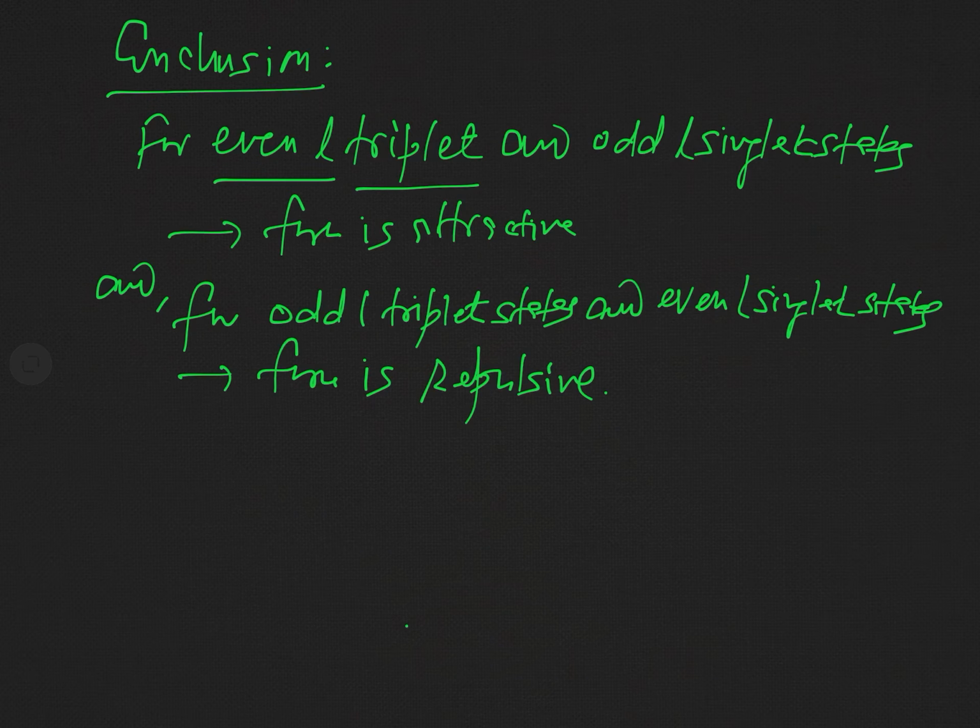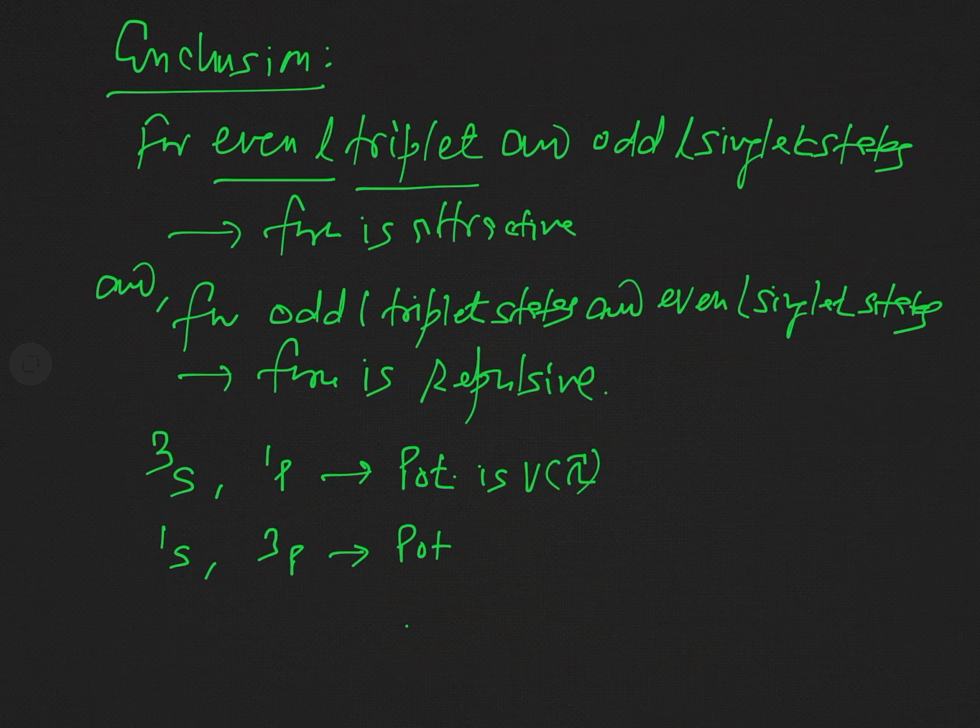Force is repulsive. So we can see that if we consider the 3S state and 1P state, for these states the potential will be positive, that is, the potential is simply V(R), and for 1S and 3P the potential is minus V(R).